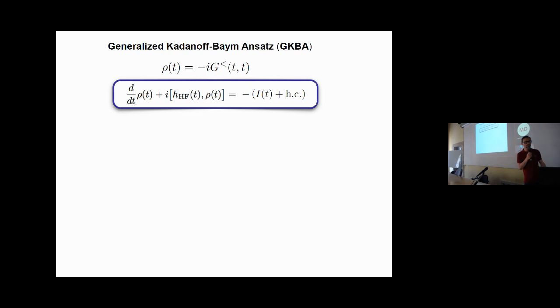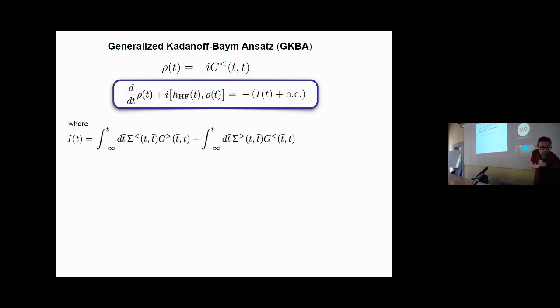Again, there is the Hartree-Fock Hamiltonian, as before, entering in a different way because now you have a commutator, but who cares? And then there is also a collision integral. So the equation, although beautiful, is not useful because it's not closed.